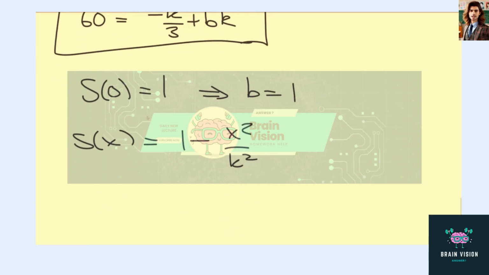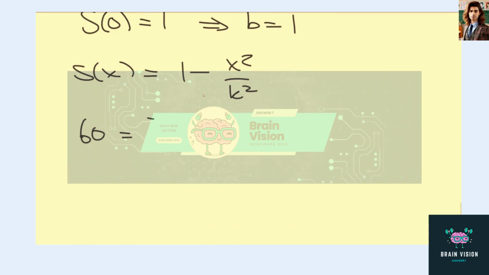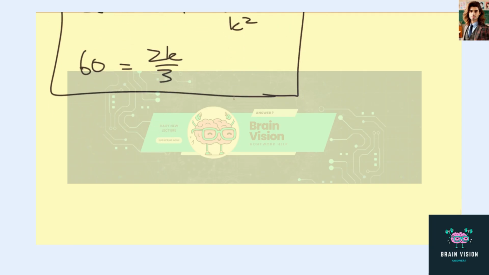And equation 1, which is talking about the expected value of x being 60, becomes 60 equals 2/3 of k. So now we can write down that k is equal to 3 times 60 over 2. So that's 90. So k is 90.